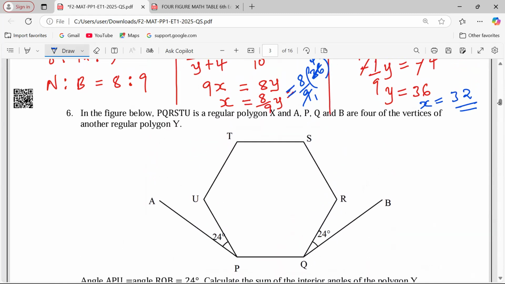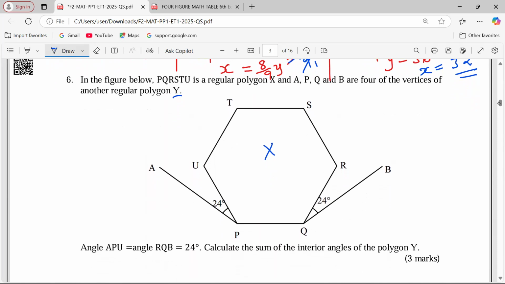We have X here. Then there is another regular polygon, which seems to have more sides than X, which we are calling Y. Now, some of the vertices of Y are A, P, Q, B. So now we're supposed to know this, that for the polygon X, whereby the sides can be determined, this has 1, 2, 3, 4, 5, 6 sides.